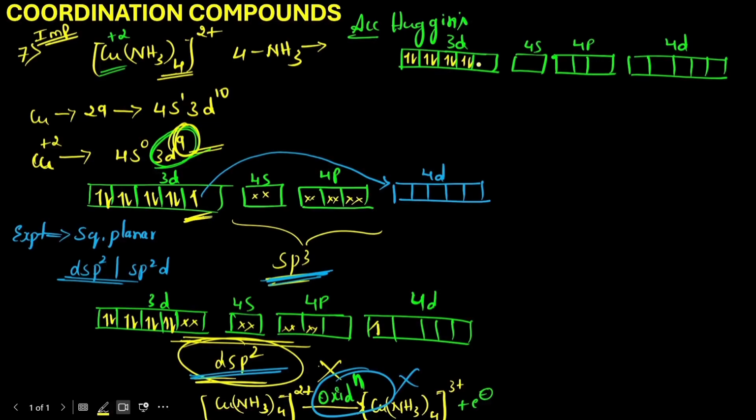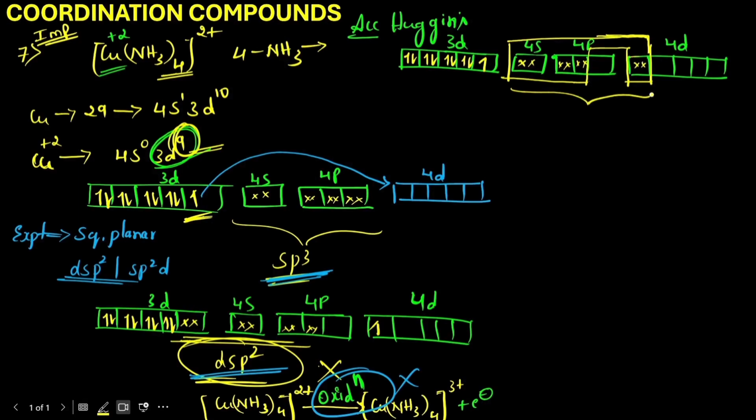The one electron which is unpaired remains in the 3d orbital. The orbitals available for hybridization are one s orbital, two p orbitals, and one d orbital available for bond formation. Therefore, 4 NH3 ligands are there, and each ligand gives 2 electrons. Therefore here 2 electrons, here 2 electrons, here 2 electrons, and in the 4d orbital we have 2 electrons.